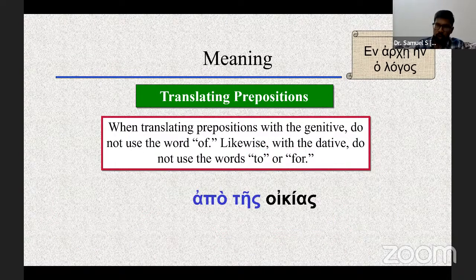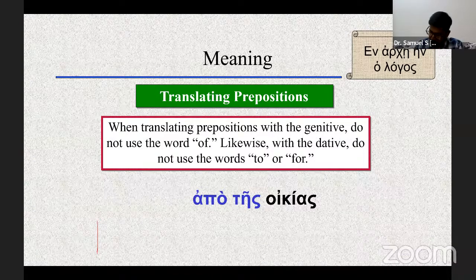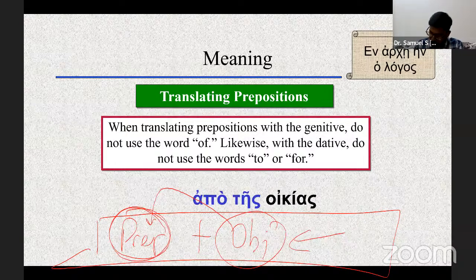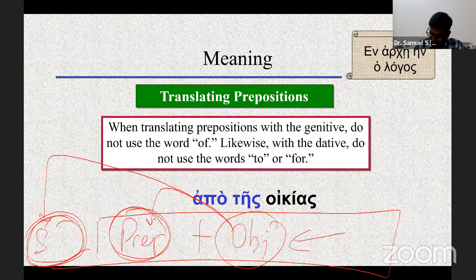Why? Because in the prepositional phrase, which is preposition plus object, the case of the object is only telling us the meaning of the preposition. It's not trying to modify the noun itself, the main noun, the subject, right? The case of the object in the prepositional phrase is only helping us identify the meaning of the preposition.